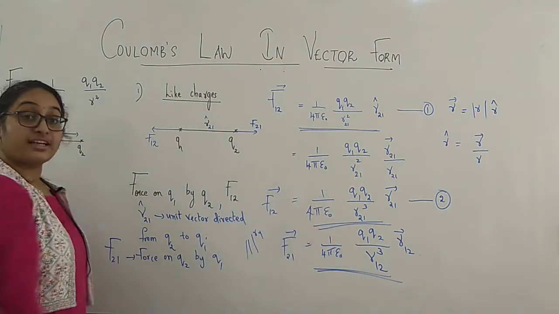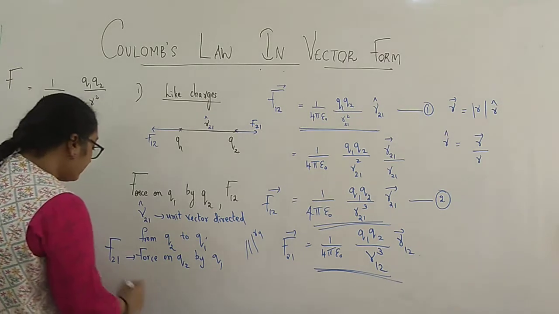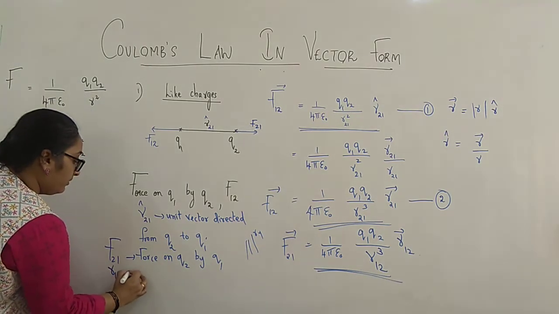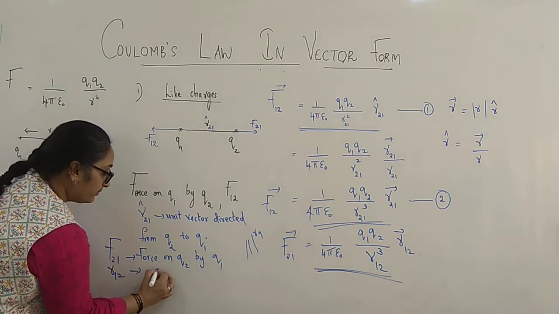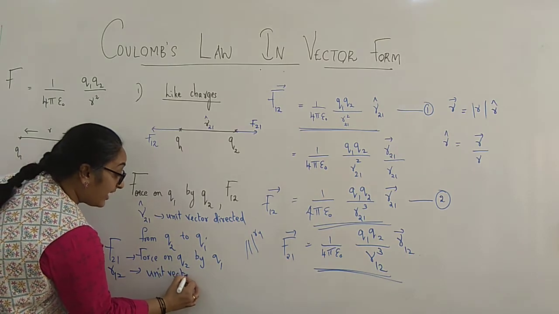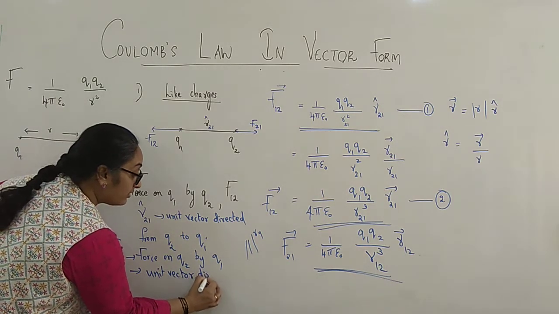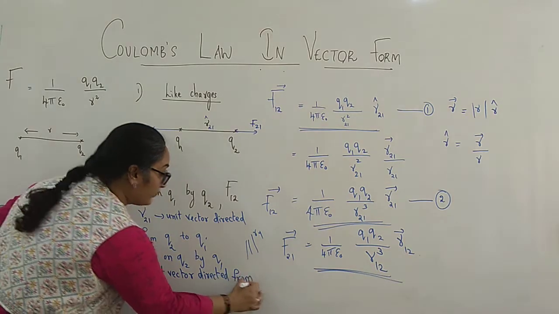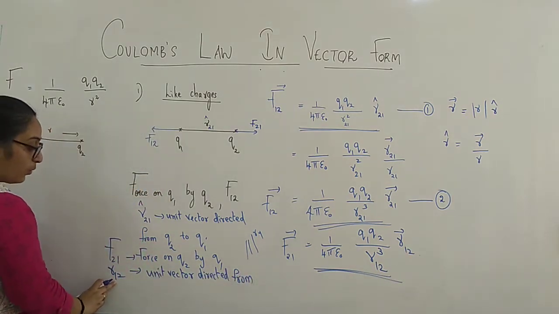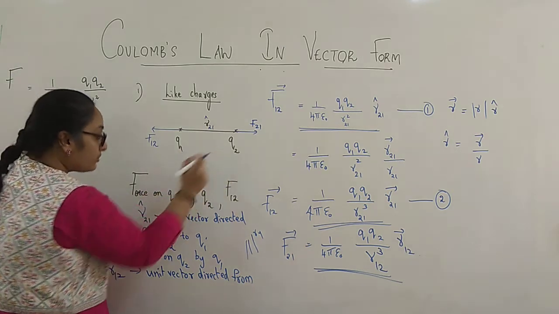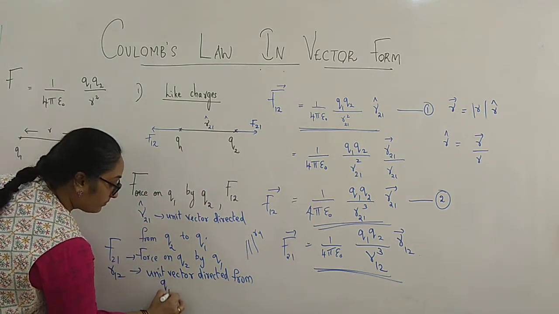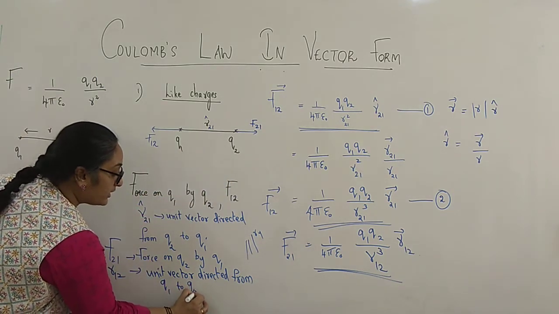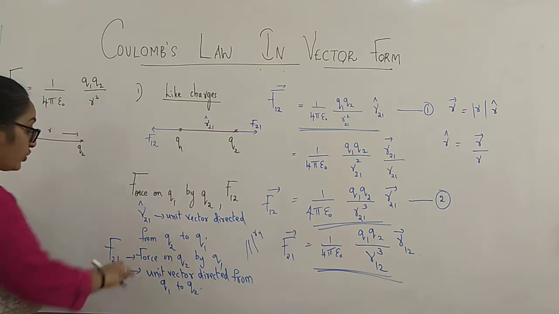Okay, so now let us define the new R12 vector. Unit vector directed from 1 to 2, that is Q1 to Q2. Now it's easy for you.